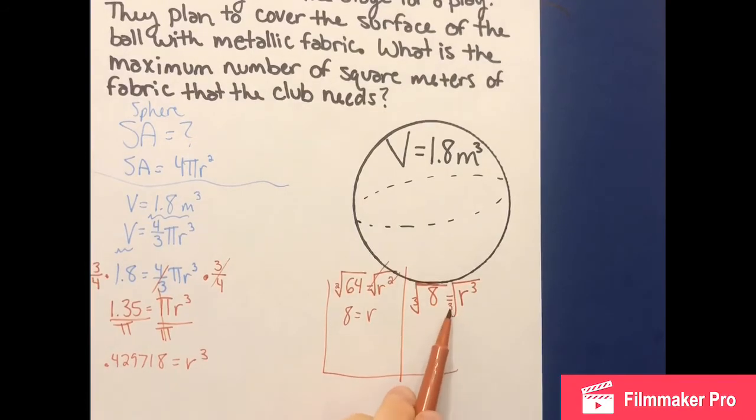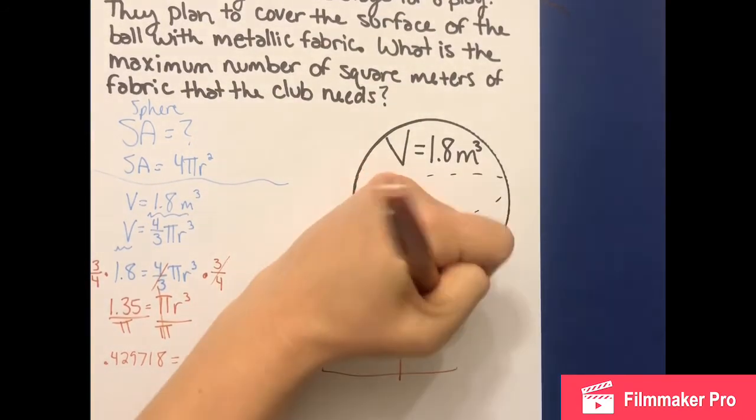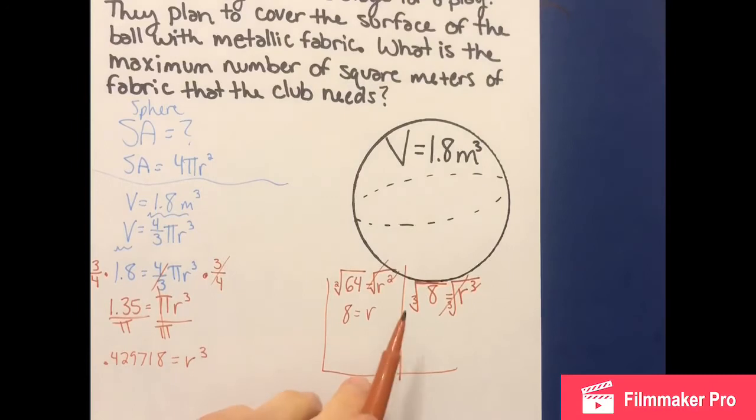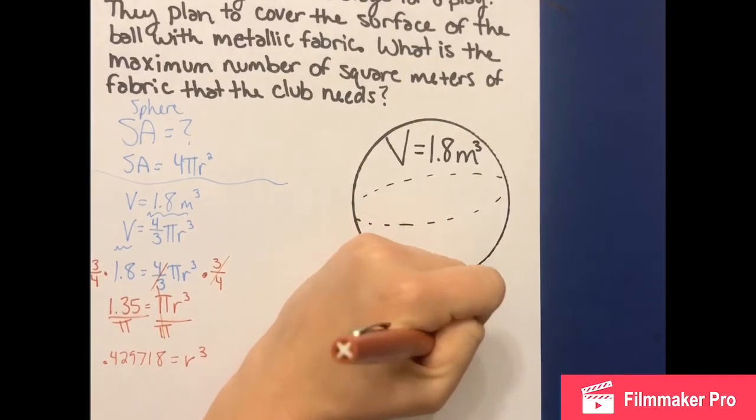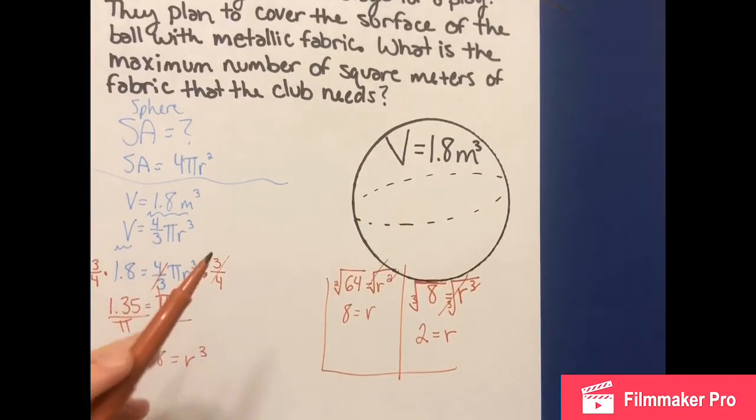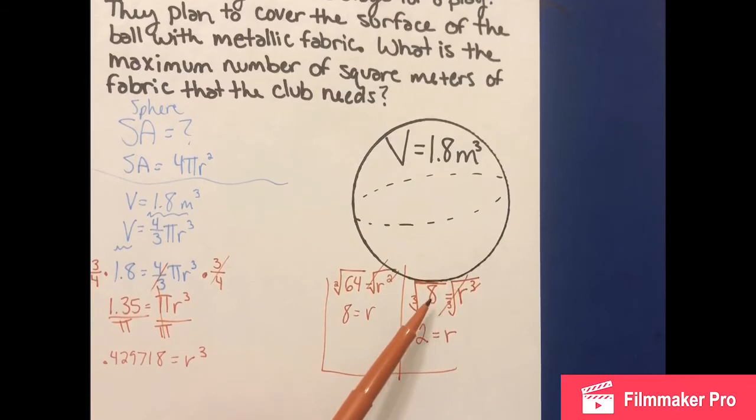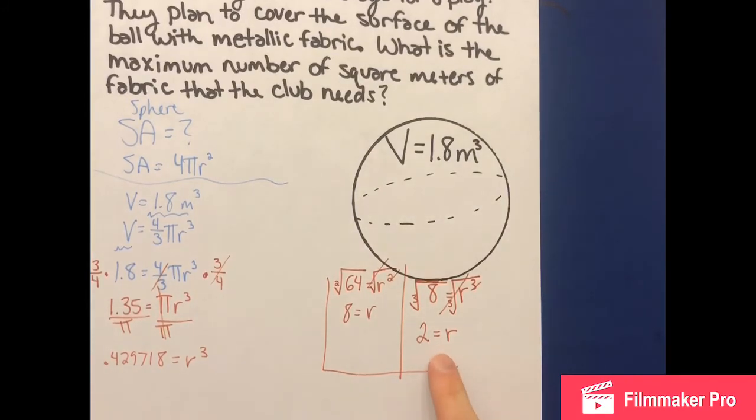So over here, the cubed root and the cubed cancel out, and I'm left with the cube root of 8. That means what times what times what gives you 8 if those are all the same number. So in this case, it's going to be 2 equals r because 2 times 2 times 2 equals 8. So cubed root of 8 is equal to 2. So that's how we would get this over here. So that's what happens.